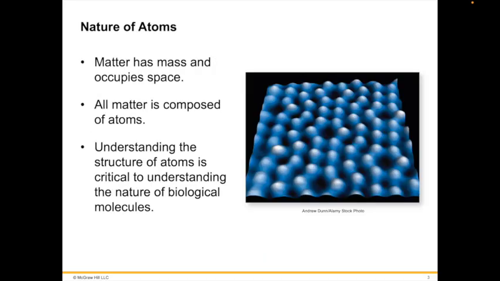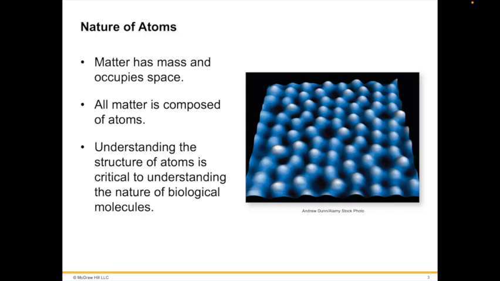Any substance in the universe that has mass and occupies space is defined as matter, and all matter is composed of extremely small particles called atoms. Because of their size, atoms are difficult to study. In the early 20th century, scientists carried out the first experiments that revealed the physical nature of atoms.